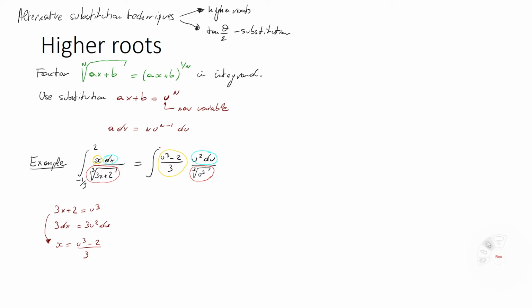And now the remaining part is we have to fill in the boundaries of the integral because it's a definite integral. We know that if x is equal to minus 1/3, then from the formula you have that 3 times x plus 2 is plus 1.